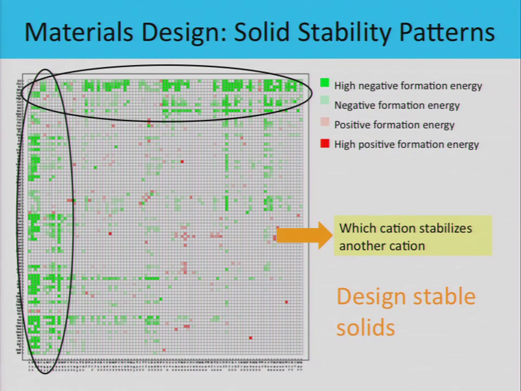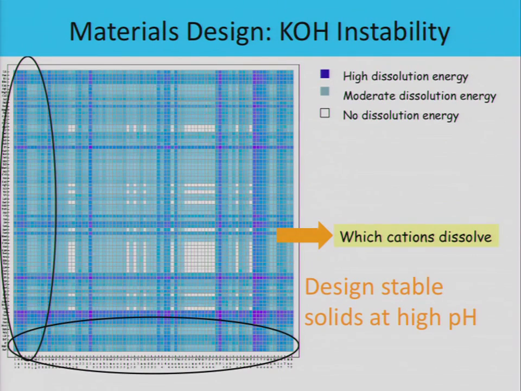So you have to add other cations, and these green spaces tell us where we have lowered the formation energy by introducing another element into the compound, like calcium, potassium, lithium. And it turns out that these low-valent, large, fluffy cations, they really stabilize the small, high-valent, high-energy density cations.